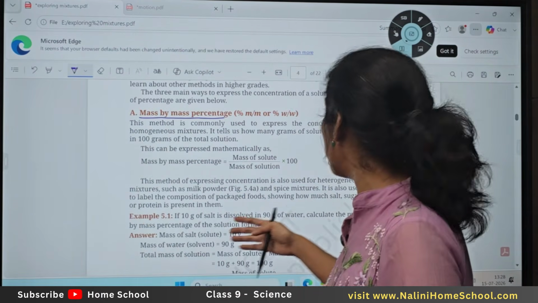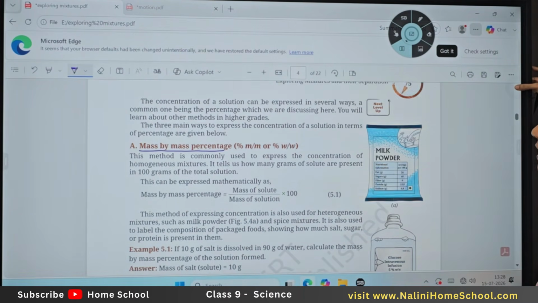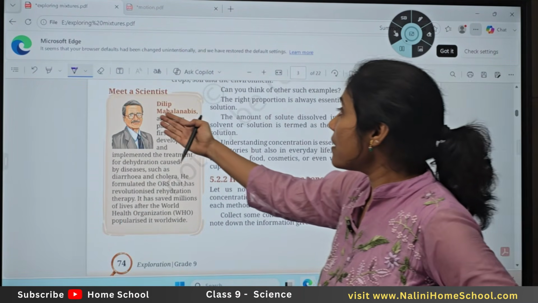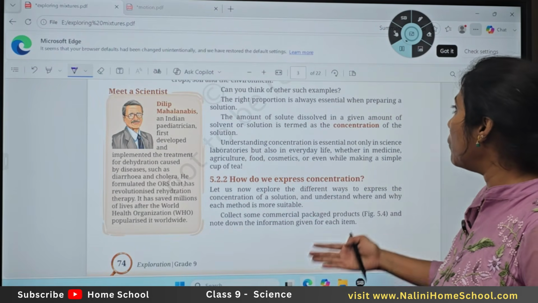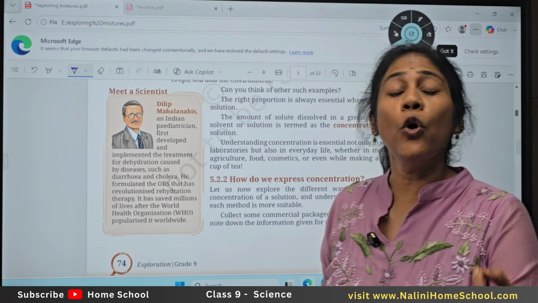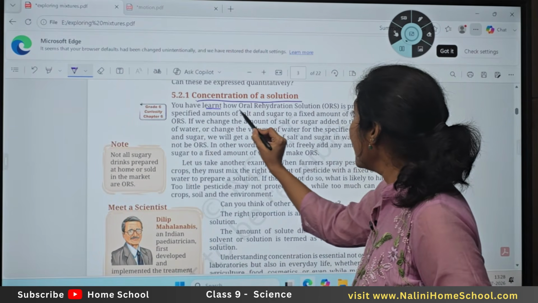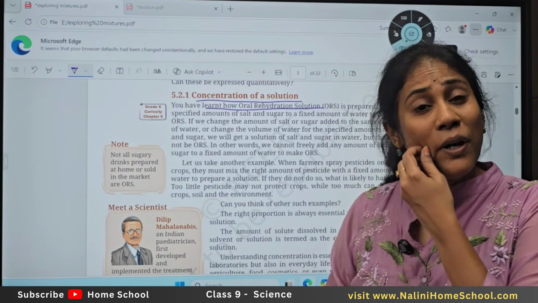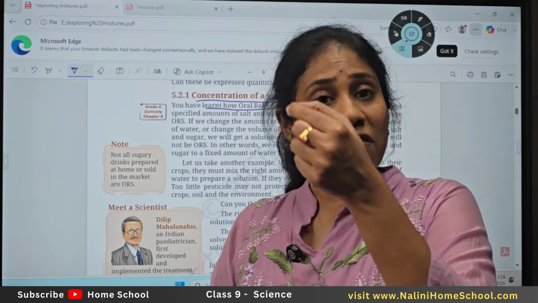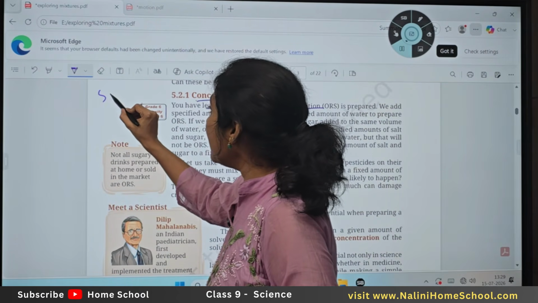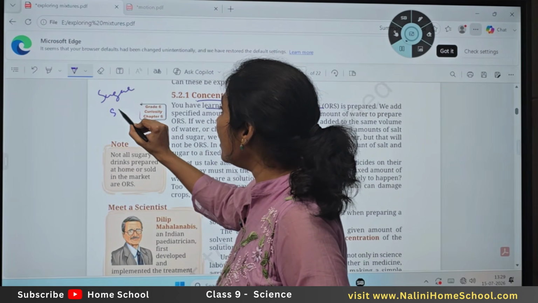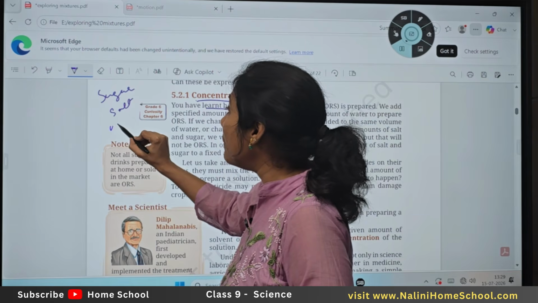It can be ORS powder, right? In your textbook they have given the person who discovered the ORS powder. What is an ORS powder? Oral rehydration solution, isn't it? What do you have in ORS powder? You'll have some amount of sugar, some amount of salt, and some amount of minerals.